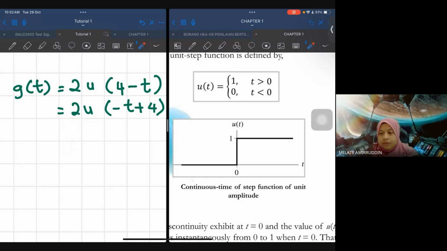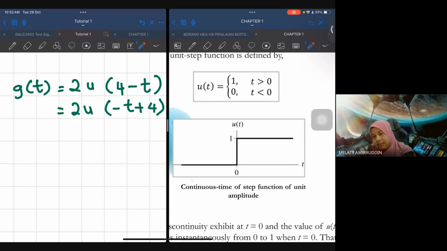What about Faiz? Which one we need to do first? This is amplitude, scaling, shifting. Shifting.